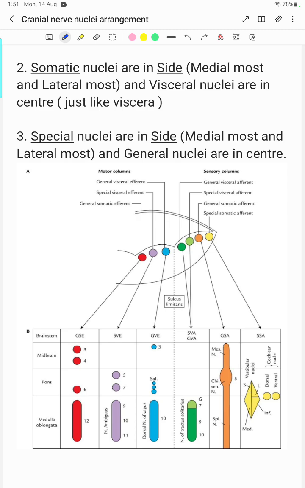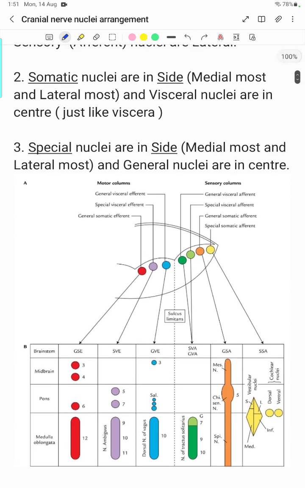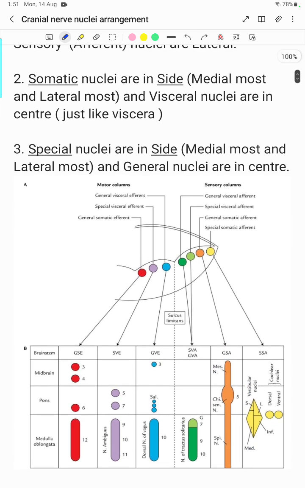And then there is the general somatic afferent column, which is our nucleus of the trigeminal nerve, which has three parts, and it includes information like touch, proprioception, pressure, temperature.